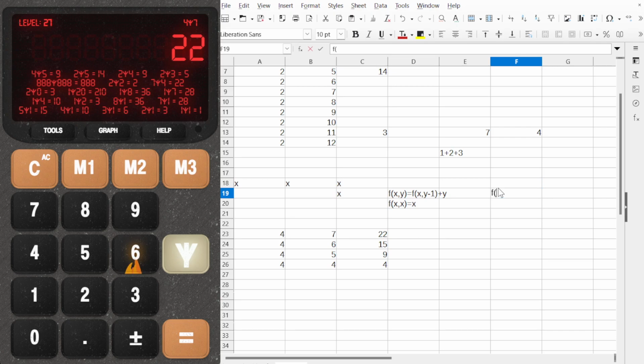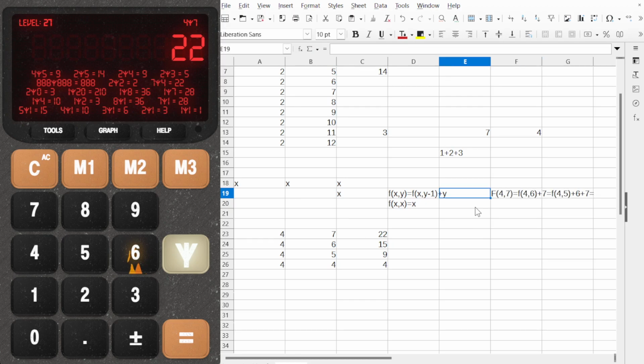With the formula that you have left to what I'm writing right now, f of 4, 7 equals f of x stays the same, so 4, y minus 1, so 7 minus 1 is 6, plus y is 7, so 7, and this equals f of, once more, 4 stays the same as the input, 6 minus 1 is 5, plus 5, and now we need to do, no, not plus 5, plus 6, because that was the 6 we just inputted right here, plus the 7 we inputted earlier, because that plus 7 won't just disappear.